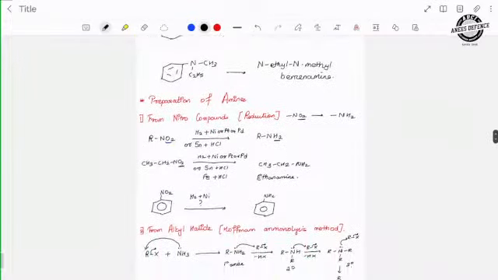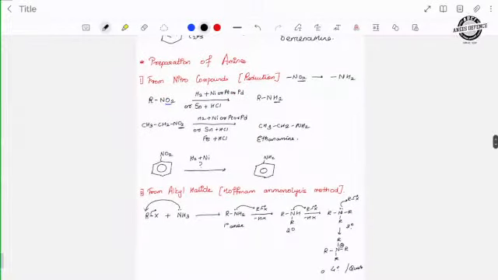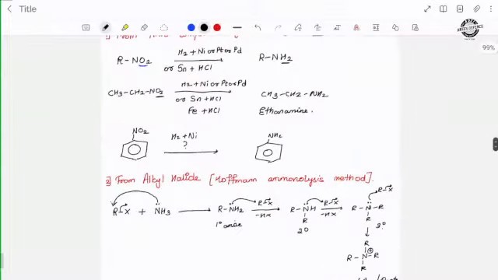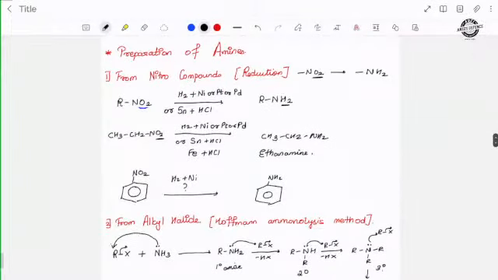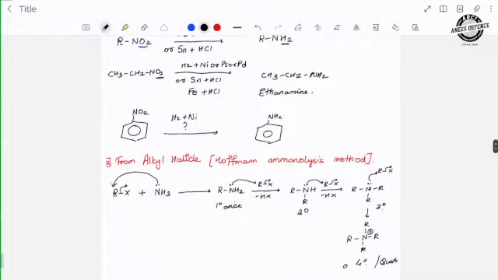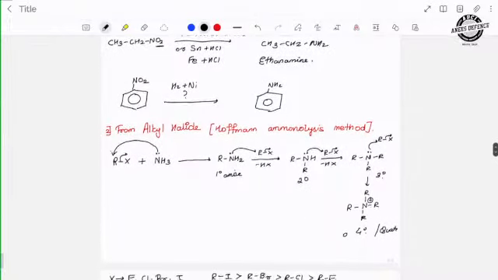Again, we'll revise it one time. So the preparation of amines, the first was nitro compound. It was reduction. The reducing agents were hydrogen with nickel or palladium or platinum, or tin in HCl, or iron in HCl. You were getting primary amine. From alkyl halide, that was Hoffman ammonolysis method, you were getting a mixture of primary, secondary, tertiary and quaternary amines.